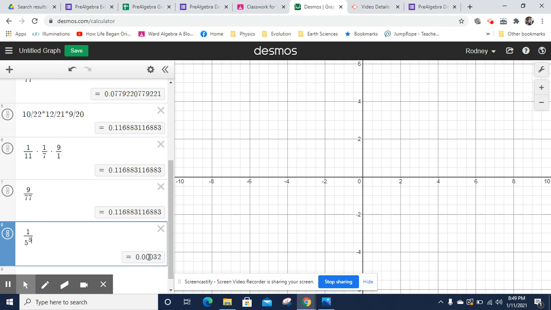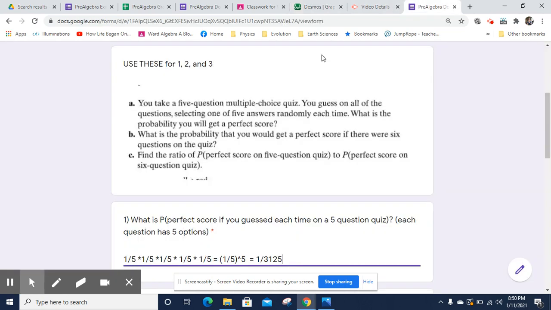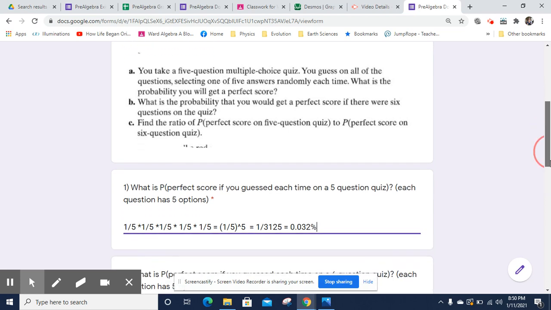So we end up with 0.032%. Okay, I multiply that times 100 to be sure I move the decimals right. Yeah, so 0.032%. Seems like this method is not recommended.